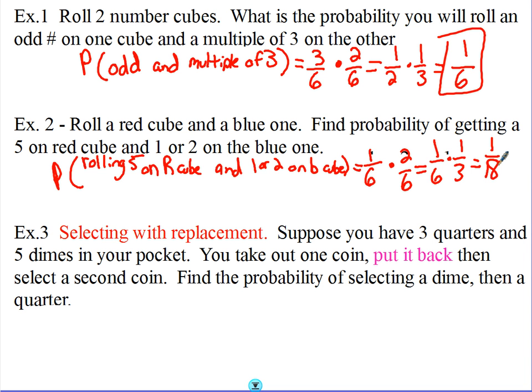Okay. This example number 3 is the example of independent events, but that second one. So selecting with replacement. Suppose you have 3 quarters and 5 dimes in your pocket. You take out 1 coin, put it back, then select a second coin.